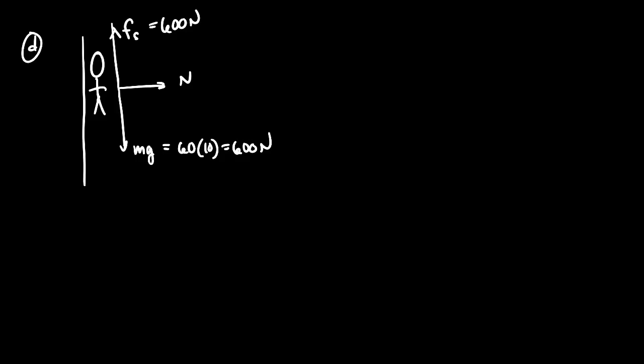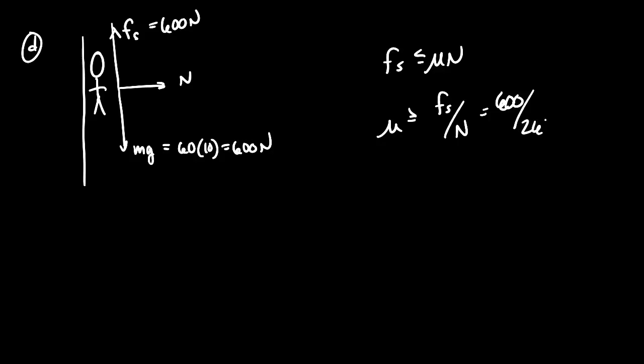So what must the minimum coefficient of friction be in order to feel stuck to the wall? Static friction has to be less than or equal to mu times the normal force. So mu has to be greater than or equal to the static frictional force divided by the normal force, or 600 divided by 265.